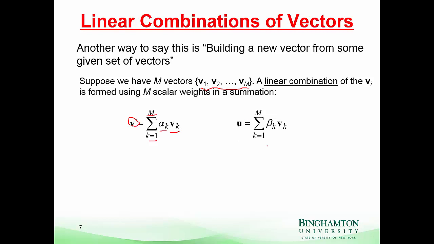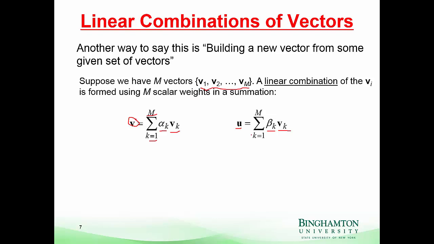And then we can take the same components, the same building blocks, pick a different set of coefficients, form a different weighted sum, and we'll get some other vector, which we'll call u. And so one of the questions that we'll be looking at is, given a particular set of vectors, what can I build this way and what can't I build this way?